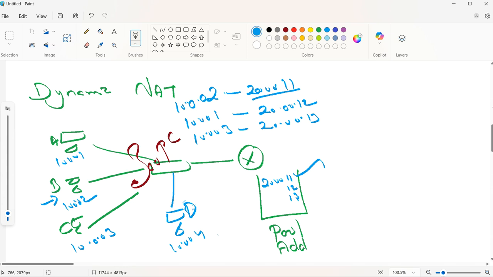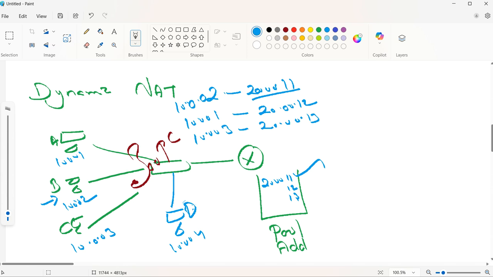Now when D wants to go outside, there is no IP address in the pool. Only 3 addresses in the pool and the 3 are already given.